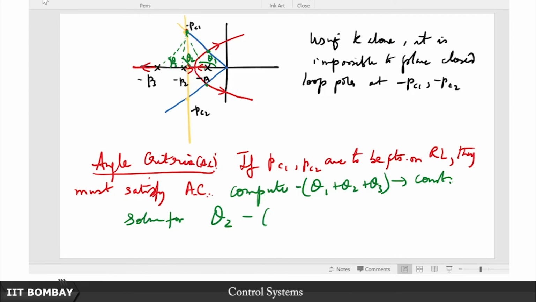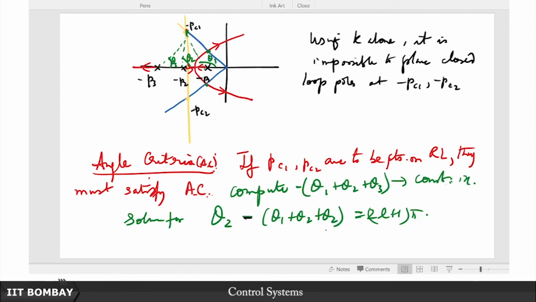But now I am going to solve for this. So what value of this theta z will actually satisfy this angle criteria? This is a constant, let me call this x, is equal to some 2l plus 1 pi.